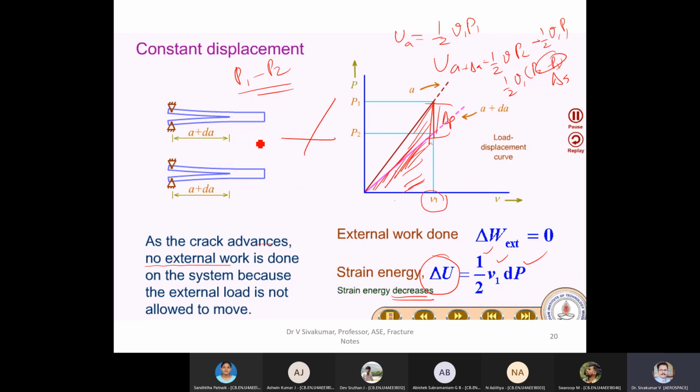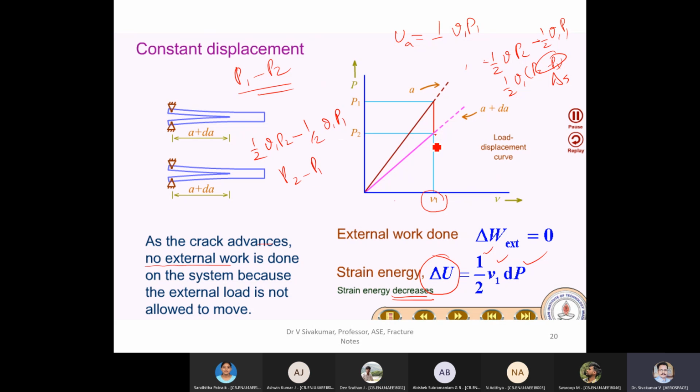On the other hand, here, for A plus delta A, it is half into V1 into P2 minus half into V1 into P1.